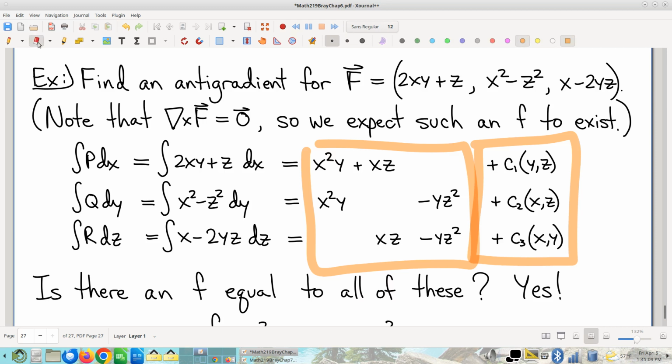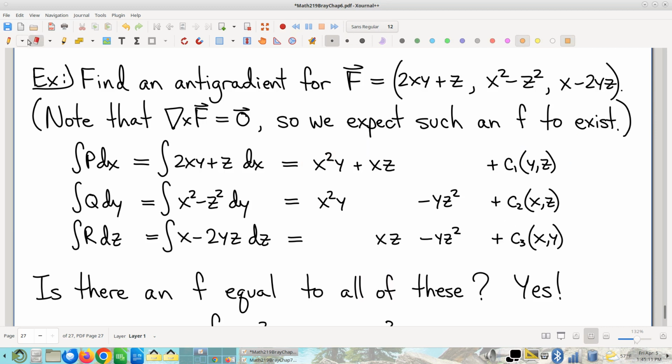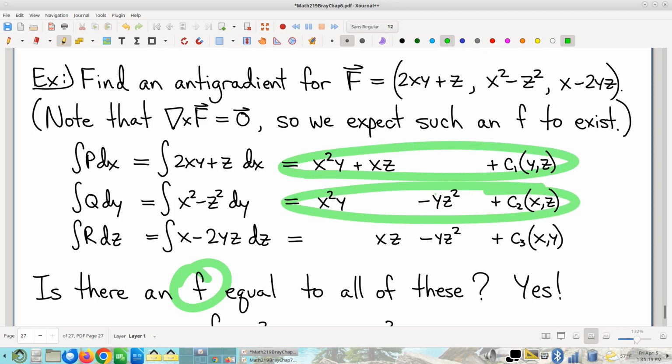Okay, so how does that play out? In order to find an anti-gradient, I need the function I'm looking for to equal all three of these things. At a quick glance, they don't look the same, right? You see these first two have an x squared y term. This third one does not have a visible x squared y term. Seems like they're different.